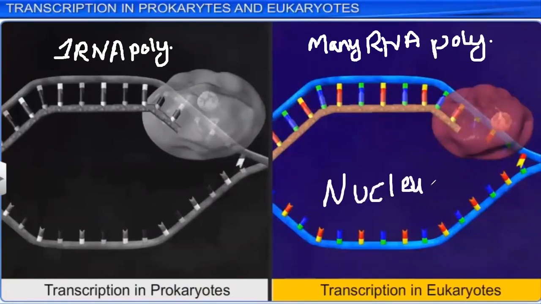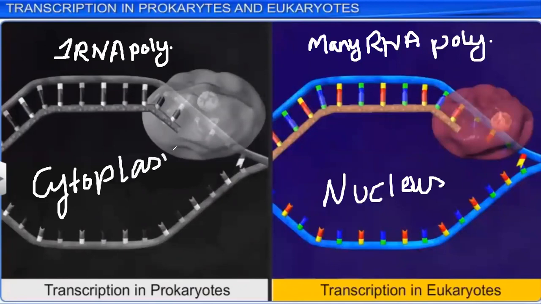That is the first difference. The second difference is the type of RNA polymerase enzyme. The structural gene of the transcriptional unit of a prokaryote is polycistronic.